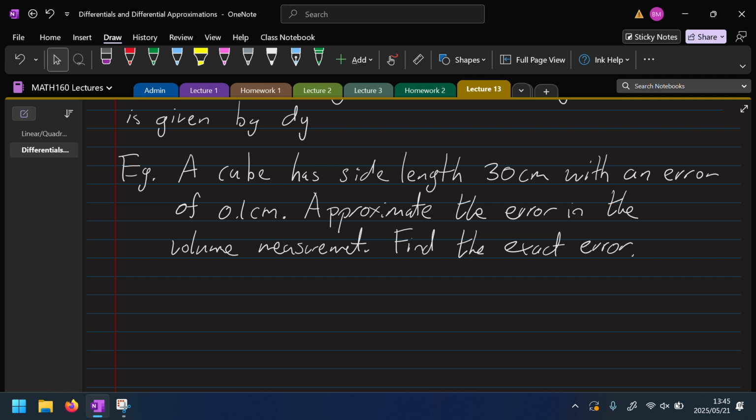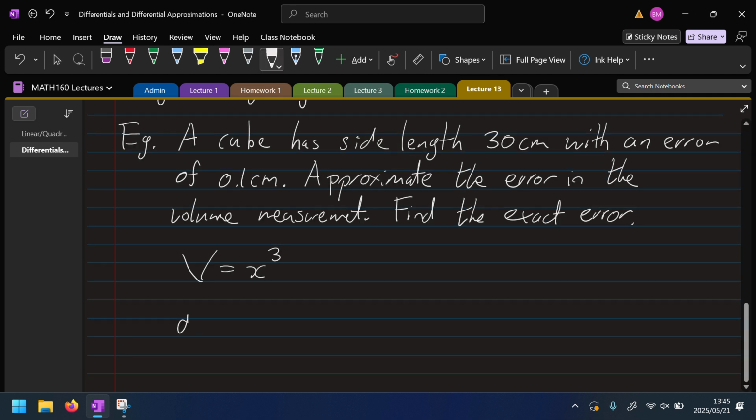So how do we do that? Well, we know the volume of a cube is V equals x cubed. That's just the normal volume. What we want to do is approximate the error, the delta V given delta x. So we're going to take the differential dV.